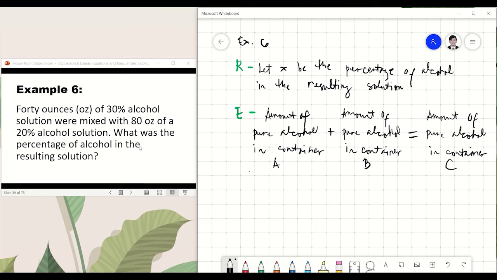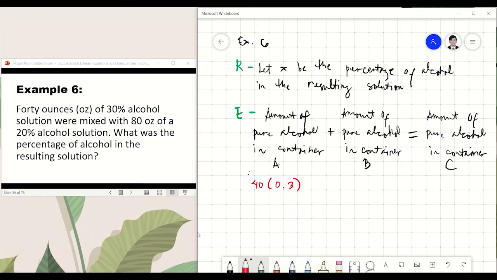We'll start with container A. Container A contains 40 ounces of 30% alcohol solution. When we translate the word of, always remember that's multiplication. So it's just 40 times 30%, in decimal, that's 0.3.